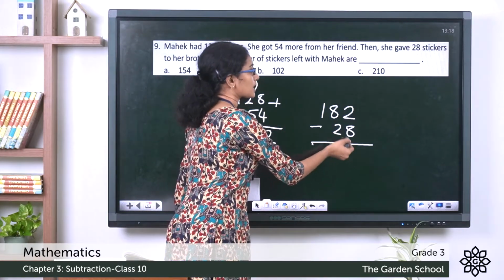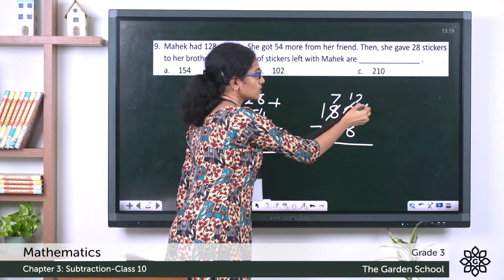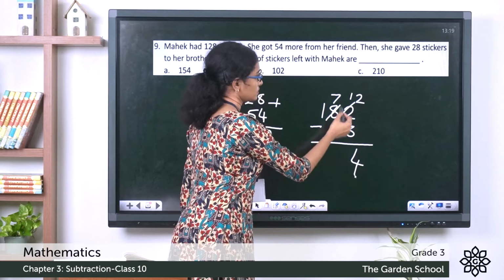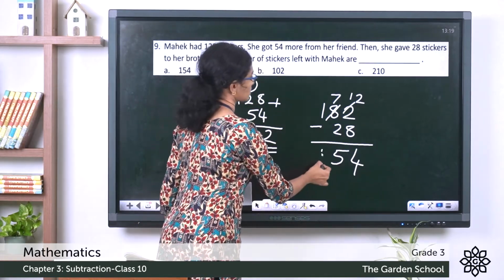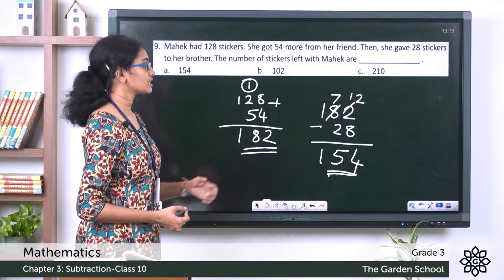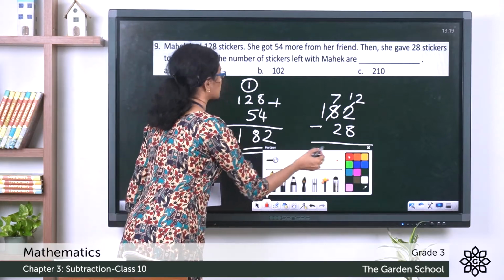So 2 minus 8 we cannot do. We borrow and regroup. So this becomes 12 minus 8, that is 4. 7 minus 2, it is 5, and here it is 1. So what is the number of stickers left with Mehak? It is 154. That is option A as per the question.